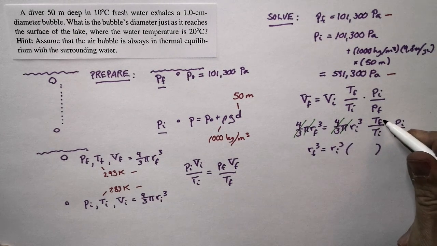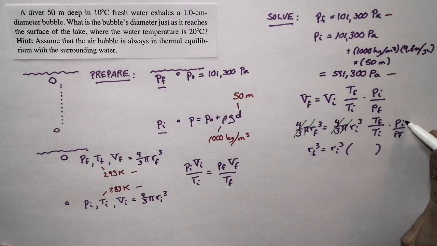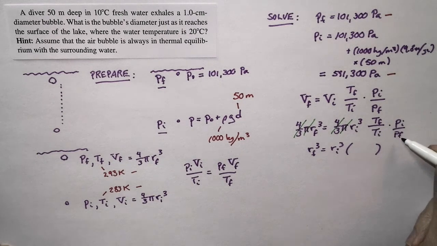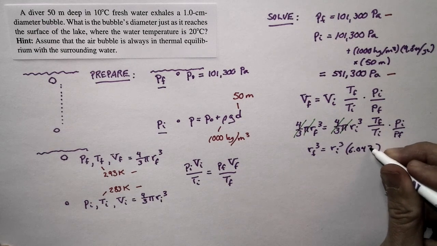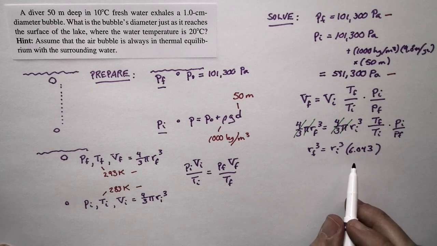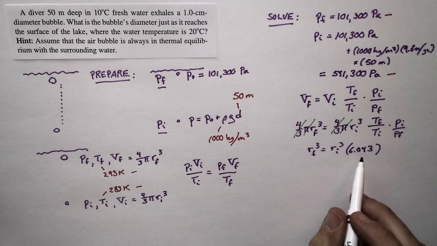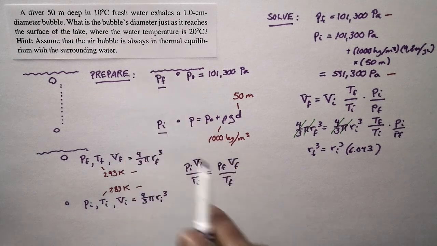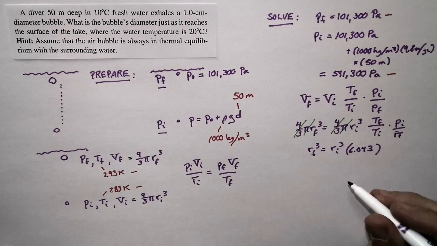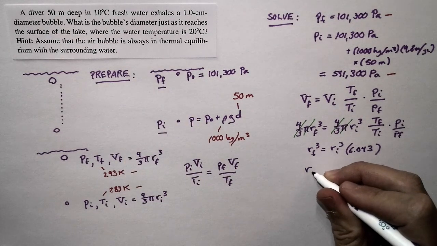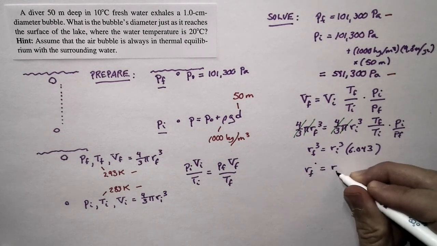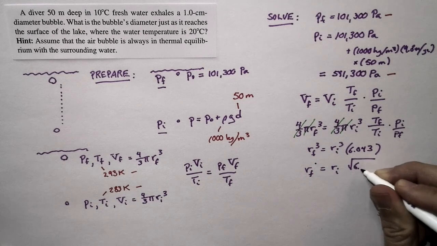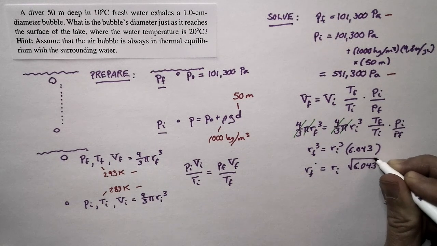And if I put in the final temperature and the initial temperature and the initial pressure and the final pressure, I get this number is 6.043. Oh, and that's good, because we said the volume should get bigger by about a factor of 6. But we're not computing the difference in the volume, we're computing the difference in the diameter. So what I'm going to do is take a cube root of both sides of the equation, and I'll say this: Rf is just equal to Ri times the cube root of 6.043.